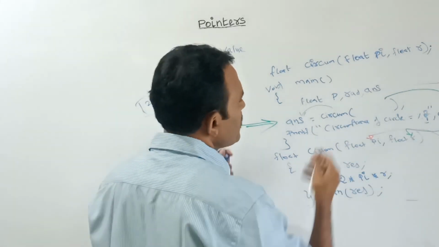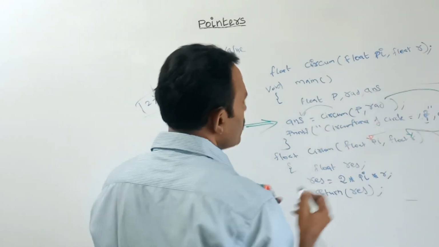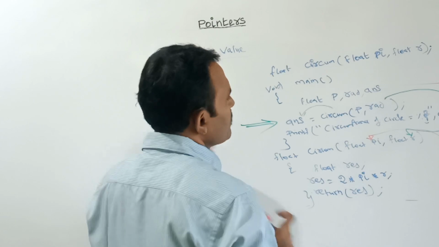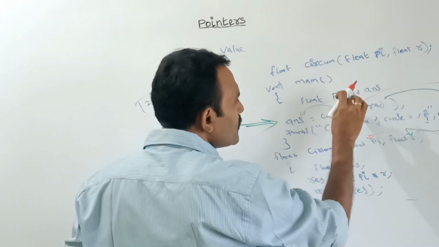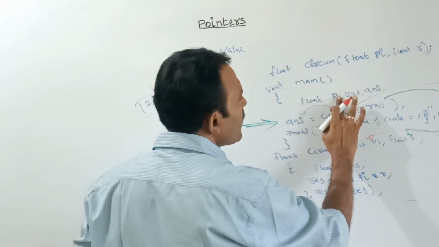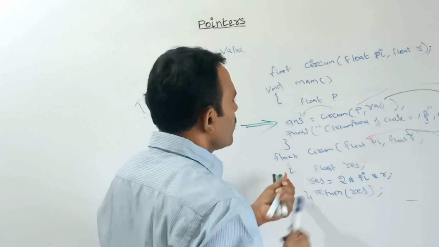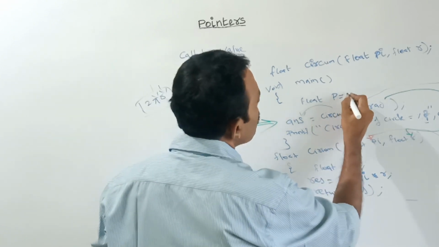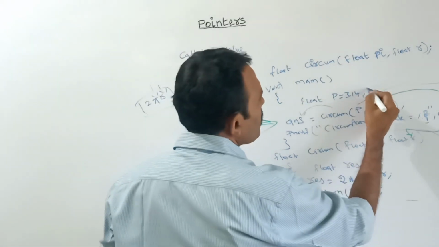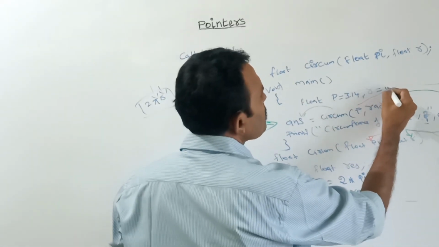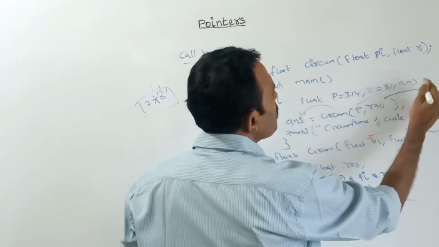Here I am passing the variable p, next rad, so that variable p holds the value. Here we should mention the value for this variable. Suppose we can give it directly here itself, p is equal to 3.14, this is a constant value. Next, r is equal to, suppose you are giving 10.